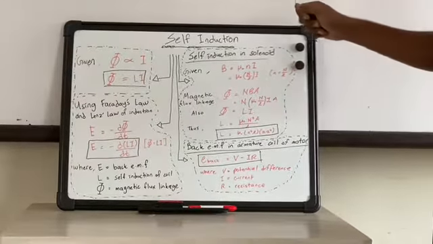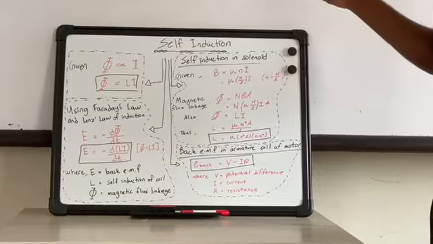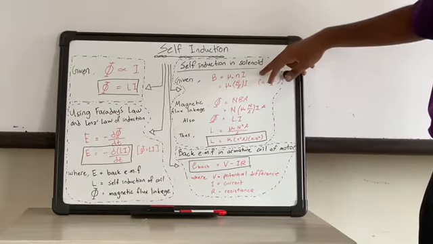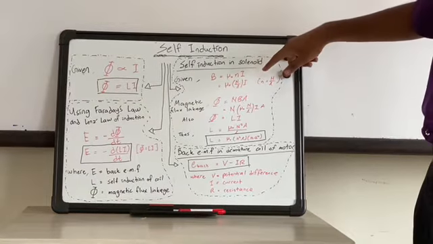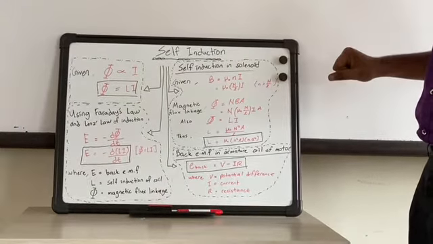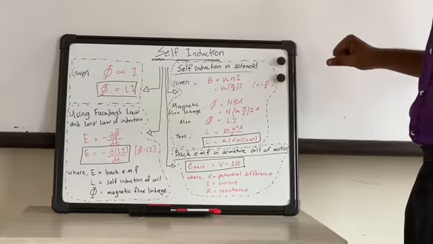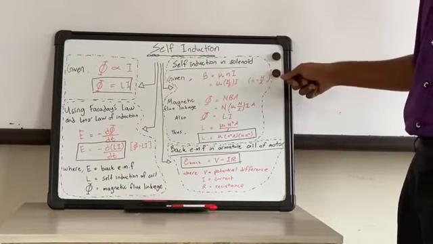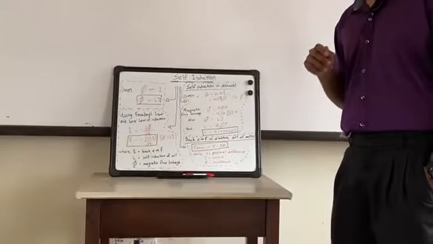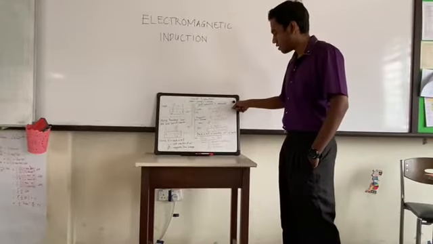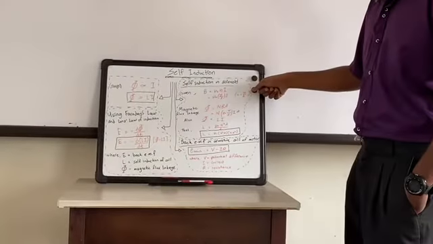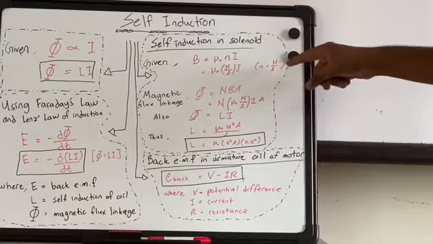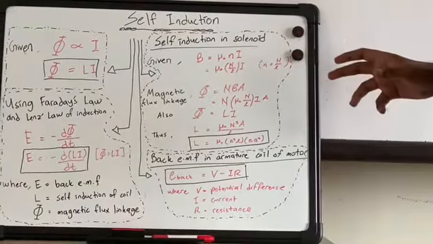And then there is self-induction in a solenoid. First, it's given that the magnetic flux density of a solenoid is mu 0 n I, where n is the number of turns per unit length, which we can calculate as N, the total number of turns, over the length of the solenoid.